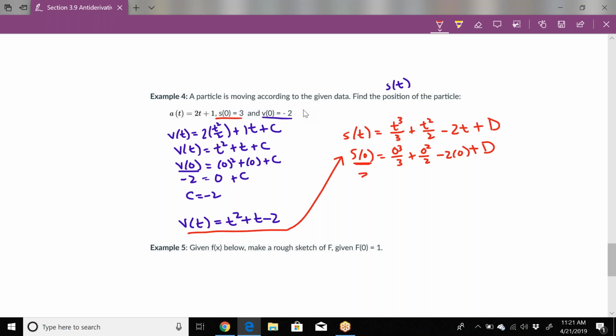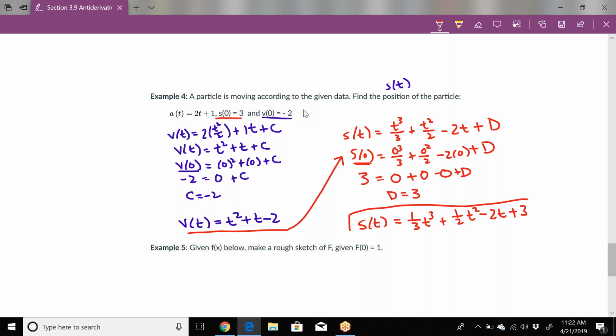S of 0, though, is 3, so this is 3 equals 0 plus 0 minus 0 plus d. So d is positive 3. So my final answer for my position function is s of t equals 1/3 t cubed, that's just another way of writing this, plus 1/2 t squared minus 2t plus 3. So there is the position function for that particle.